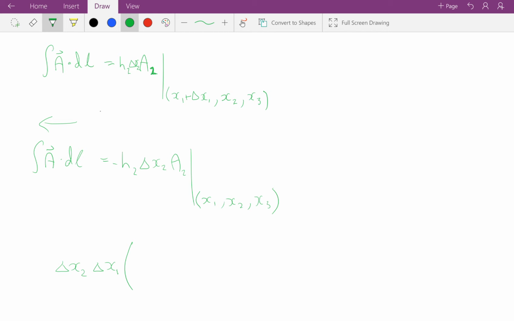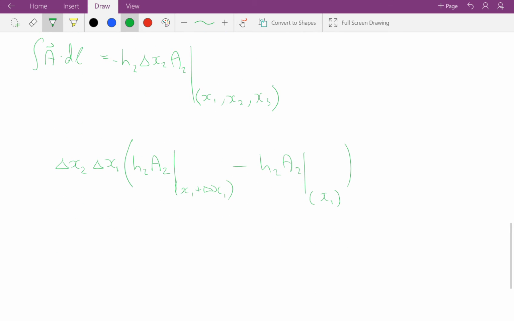We've got h2 A2 evaluated at x1 plus delta x1 minus h2 A2 at just x1, and the other components stay the same. And we multiplied by delta x1, so we're going to divide by delta x1. And this is our partial derivative.